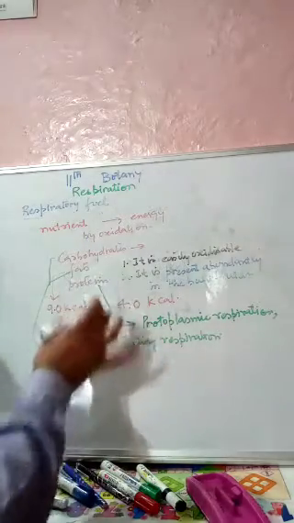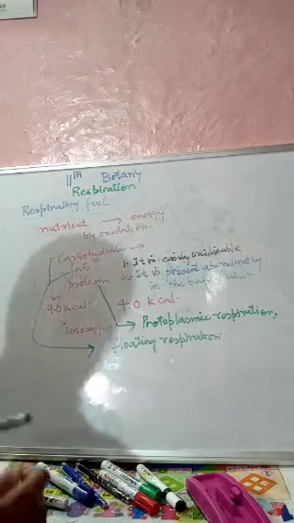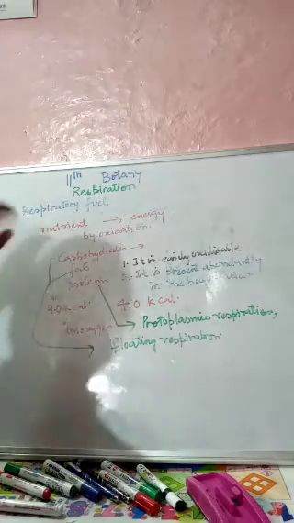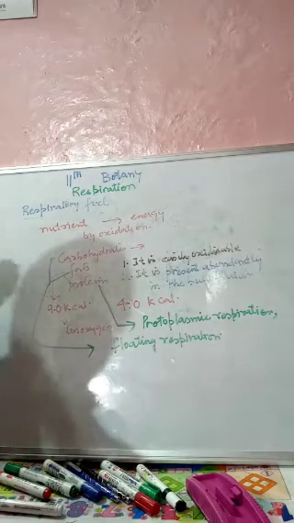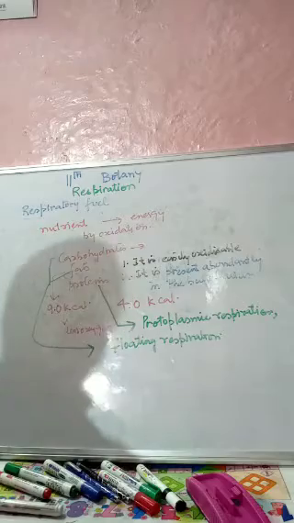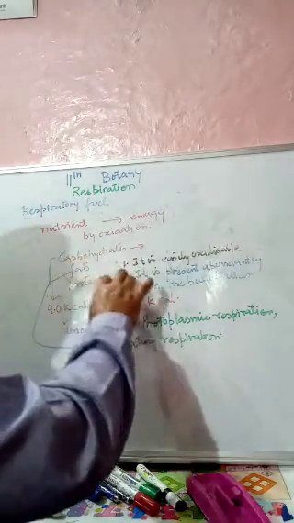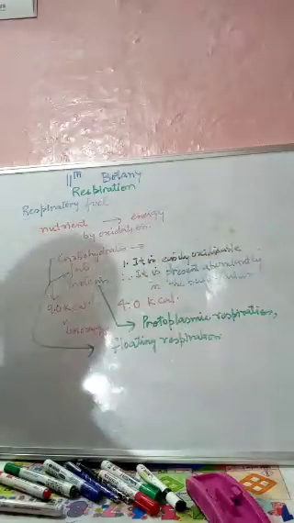So this was all about the phases of respiration and respiratory fuels. Any substance or nutrient which provides us energy on being oxidized. Though we take different nutrients, carbohydrates, fats, proteins, the main respiratory fuel is carbohydrate, because it is easily oxidizable and present abundantly in the body fluids.